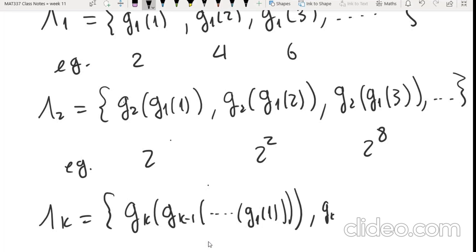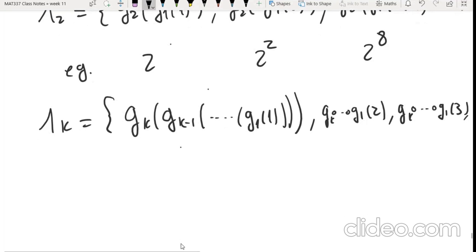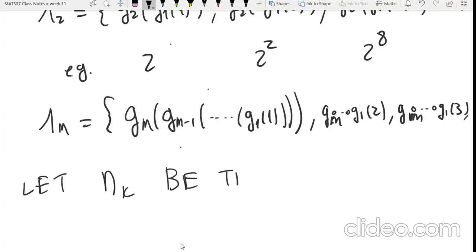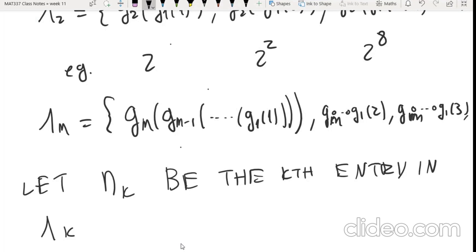And let me now write all of them. Then in the book they say, actually, let me follow their notation. Let n_k be the kth entry in lambda k.